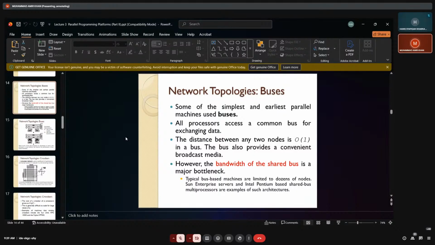However, the bandwidth of the shared bus is a major bottleneck because of the shared link. Typical bus-based machines are limited to dozens of nodes. Sun Enterprise servers and Intel Pentium-based shared bus multiprocessors are examples of such architecture. So this is bus topology.